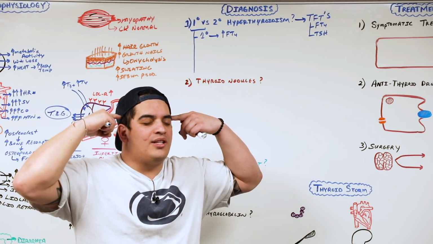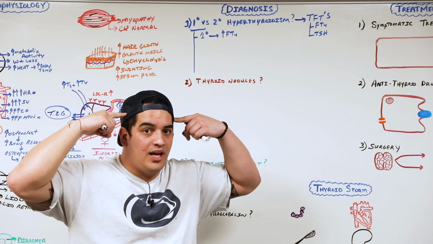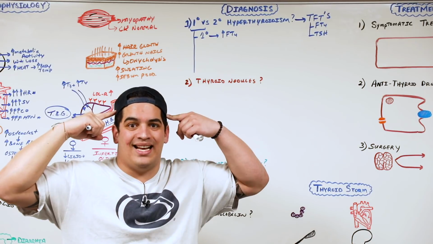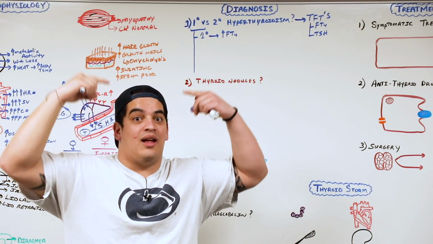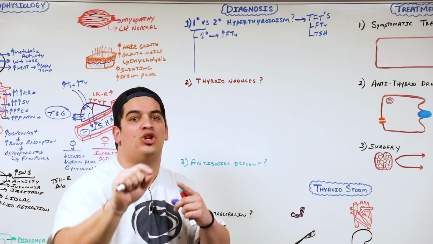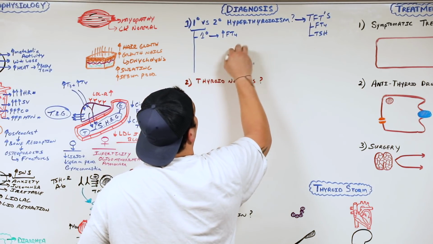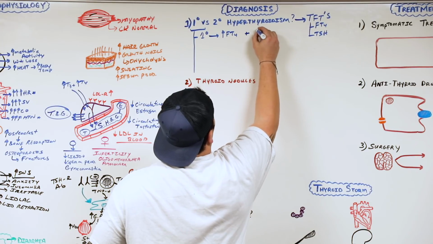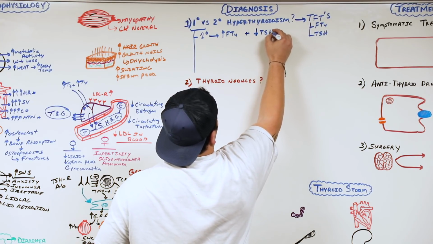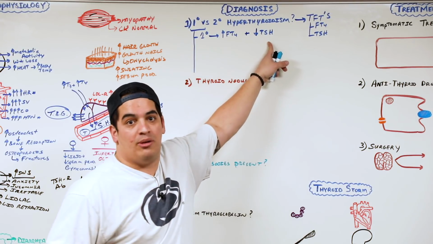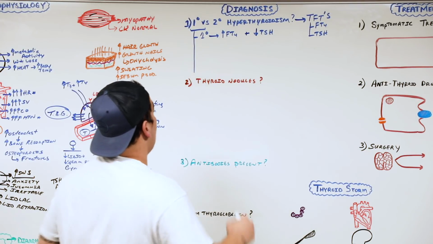If the pituitary is fully normal, it'll tell the pituitary, hey, too much of me, stop making TSH. And the TSH levels should decrease if the pituitary is normal. So in primary, they'll have high free T4, but they'll also have low TSH, assuming there's no problem with the pituitary gland, okay?